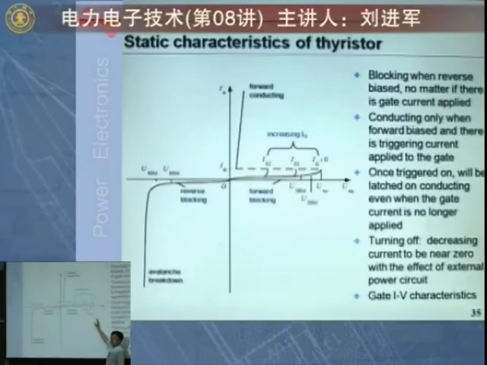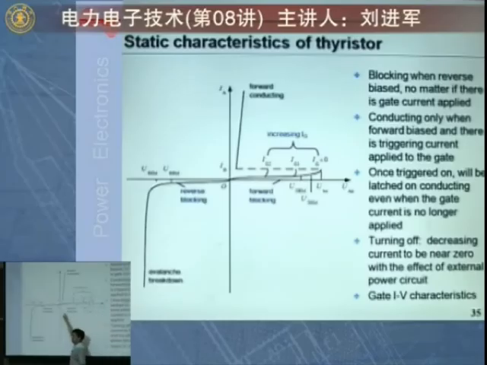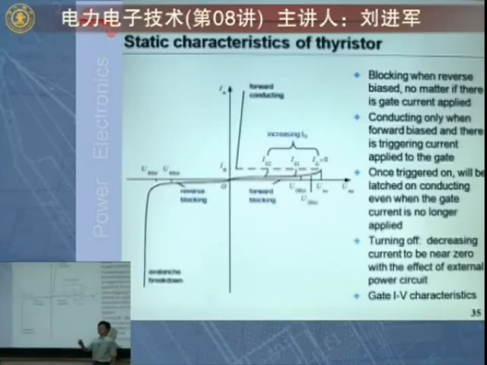You are applying too high voltage, exceeding the limit that this thyristor can sustain, then it is turned on. When it is turned on, the curve comes back to here. The voltage across A and K will be getting very small. That's just the saturation voltage of those two transistors, and the current can be very high. That's when Ig is equal to 0.